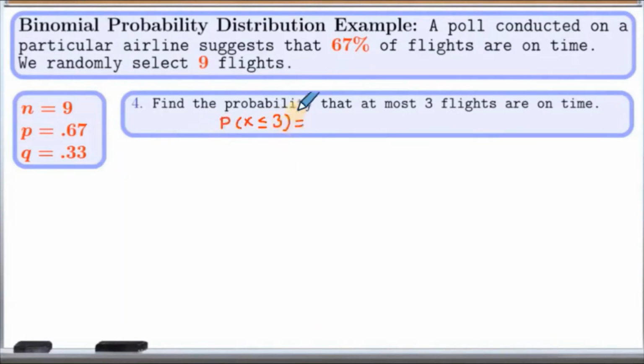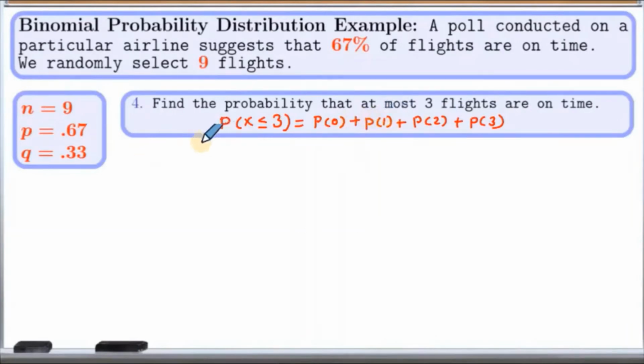Basically that is equal to probability of 0 plus probability of 1 plus probability of 2 plus probability of 3. So now we need to calculate each of these, and once we calculate those, we need to add all these probabilities together to find the probability that at most 3 flights are on time.